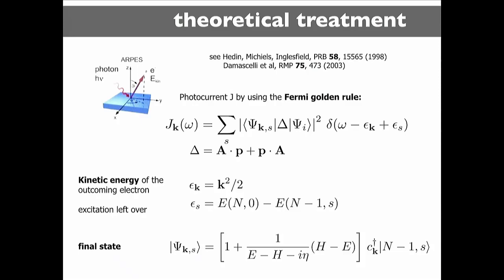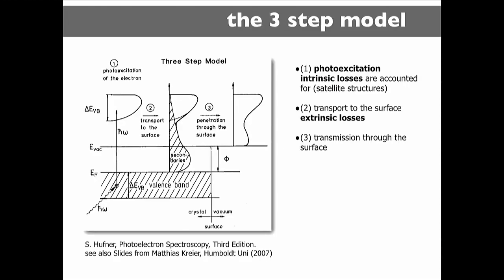Finding the proper final state, or computing photoemission by computing the proper final state, is already a task per se, something that is done in the literature. It typically goes under the name of the one-step model for photoemission, but this is something that you have to calculate.